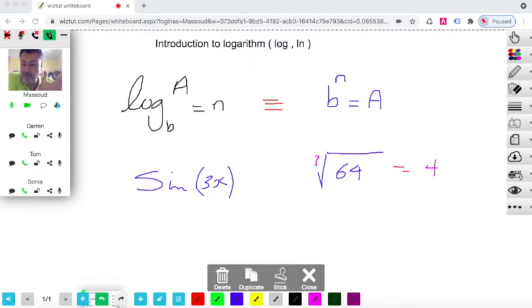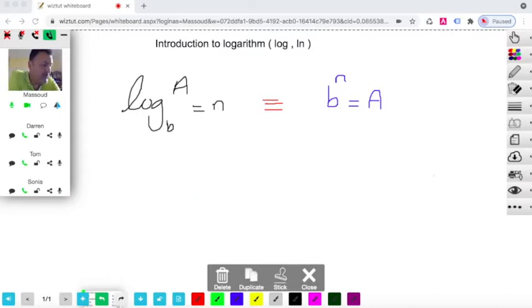So on the basis of what the index here is, the answer of this function that's working on 64 as its subject will change.